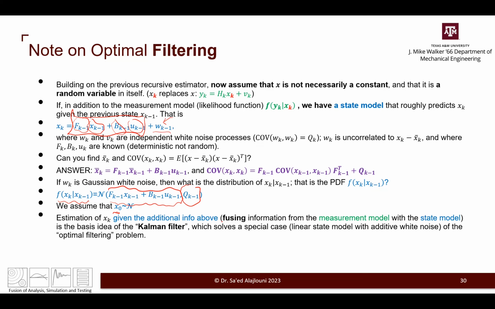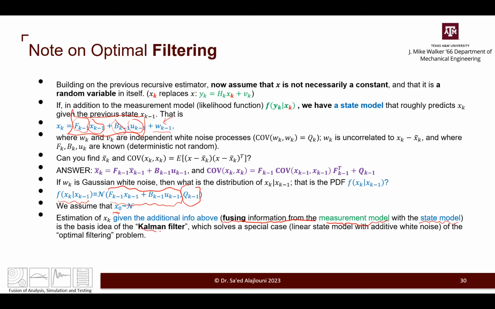You can think of it as fusing information from two models, the measurement model and the prediction model. The state model helps me predict what's coming in the future if I give you the present state. So we're fusing knowledge of these two together.